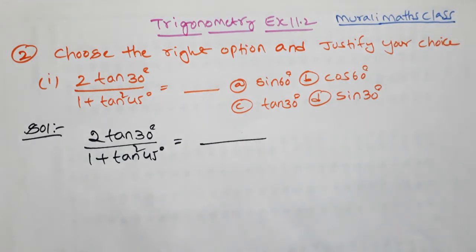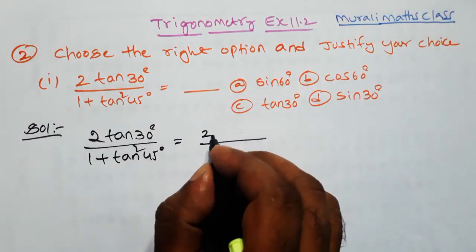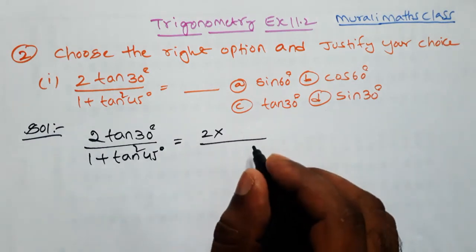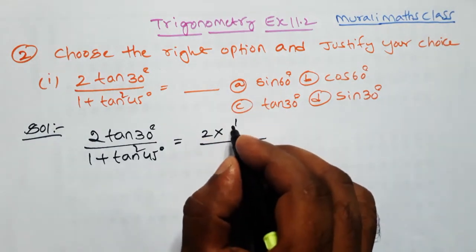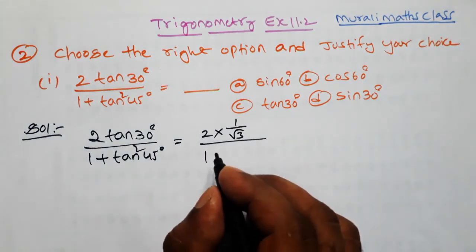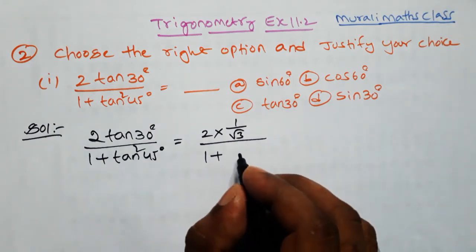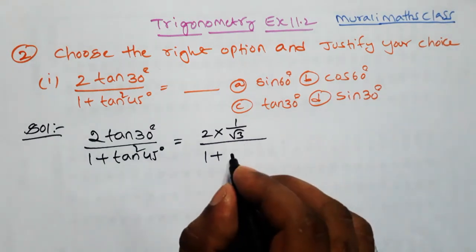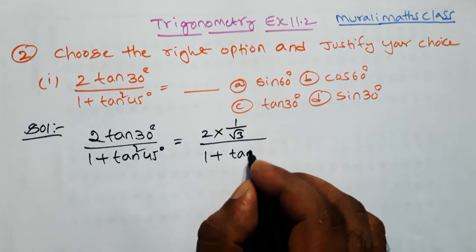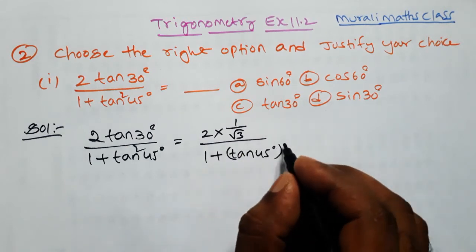Tan 30, what is the answer? Tan 30 we have to know, that is 2 into tan 30. Tan 30 is 1 by root 3, divided by 1 plus tan square 45. Tan square 45 is nothing but tan 45 whole square, tan 45 degrees square we have to write.